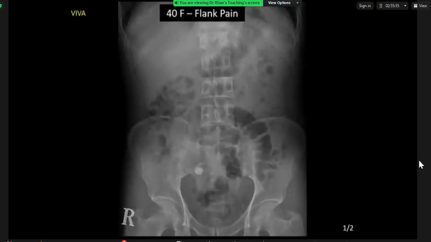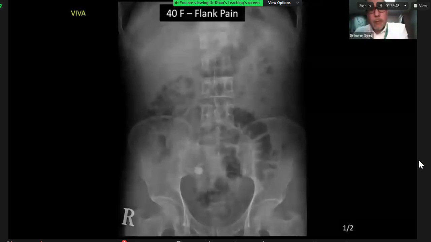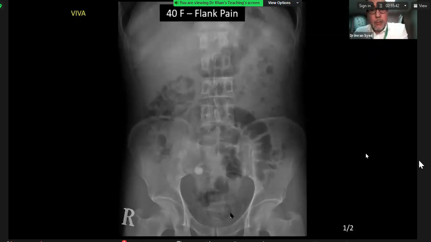Okay, well done. Just as a recap, the descriptive side of things is crucial for all parts of the fellowship examination. You have correctly described an area of curvilinear calcification, just seen above the level of the iliopectineal line within the pelvic region, which broadly defines the outline of the bladder, and it is not associated with any other significant visceral calcification elsewhere.